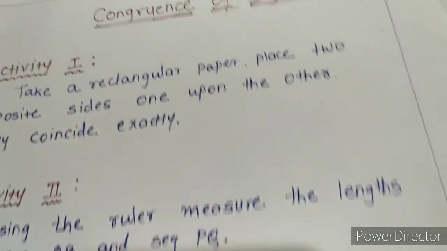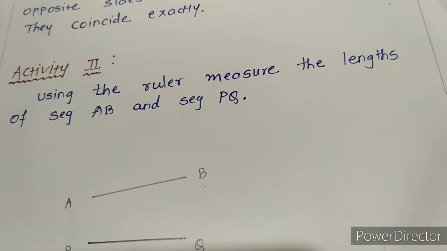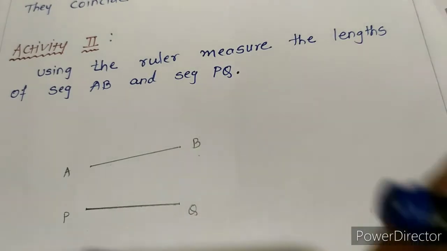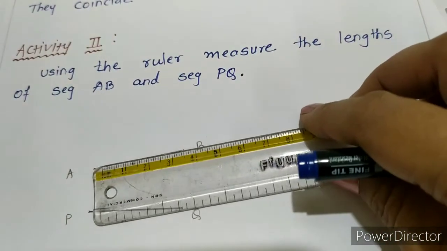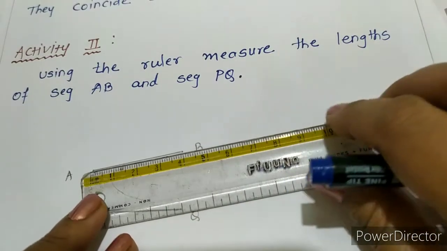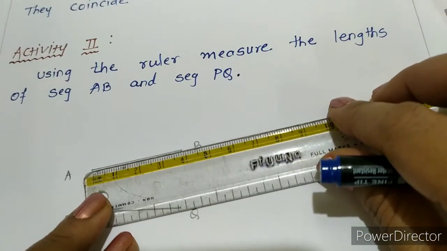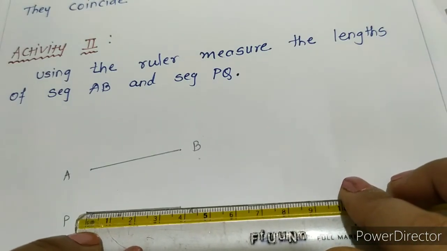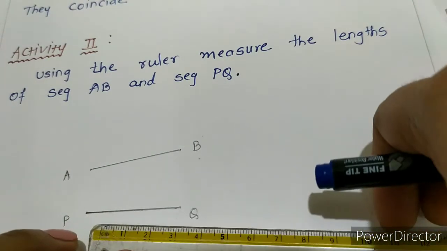Second activity is given. Using the ruler, measure the lengths of segment AB and segment PQ. Here segment AB is 4 cm and PQ is also 4 cm.